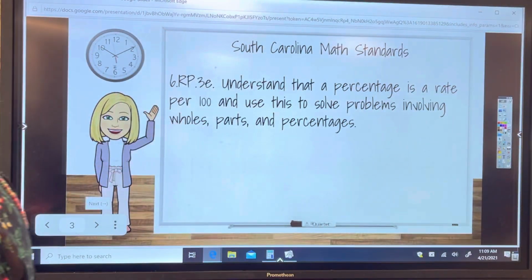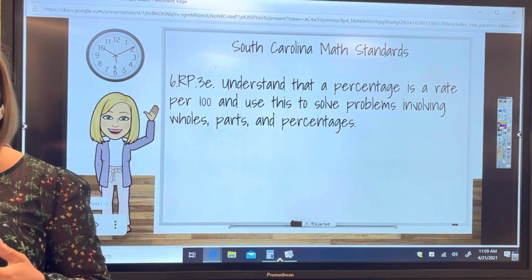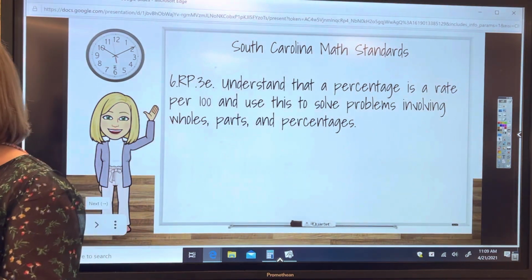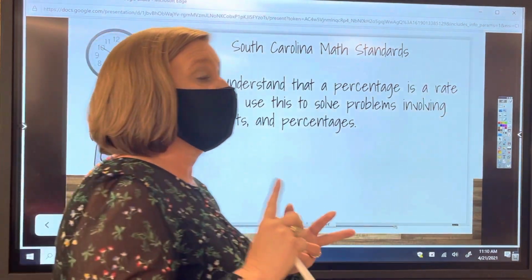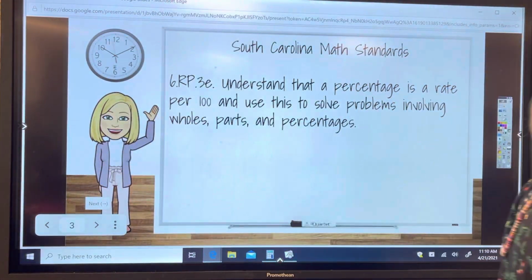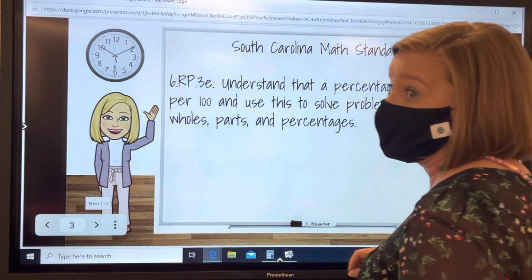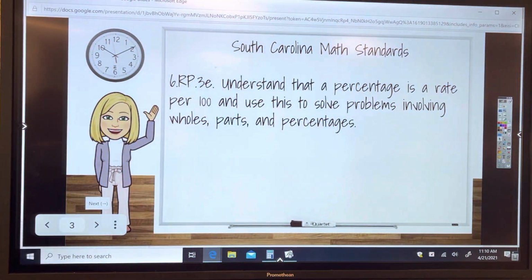Because this is the first time you've ever learned about percentages, we are only going to have denominators of 2, 5, 10, 20, 25, 50. We're not going to do any hard denominators to convert the fraction to a decimal. We're only going to use easy denominators to begin with.